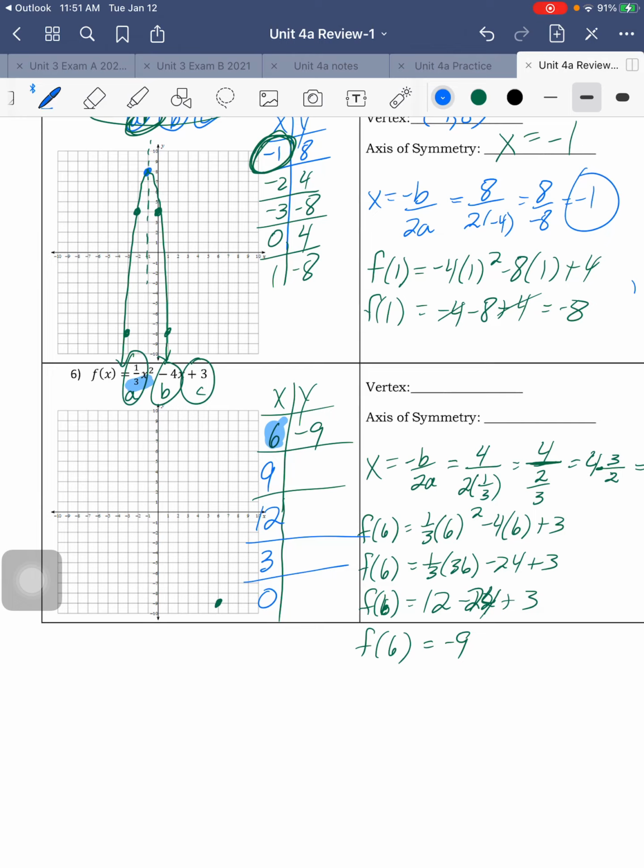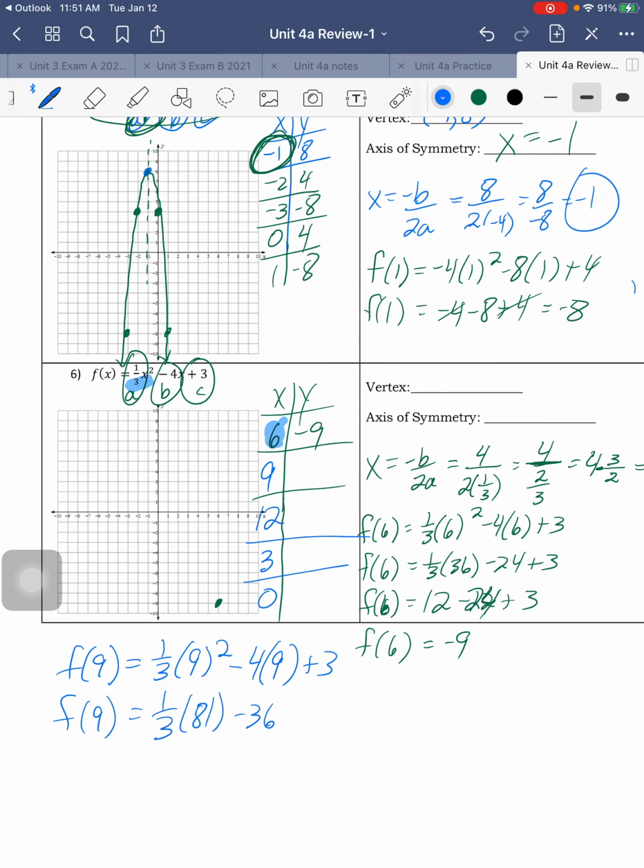Let's do 9 first. 9 squared looks like it's going to be a gigantic number. Let's hope not. When x equals 9, what does the y value equal? 9 squared is 81, 1/3 of 81 is 27, minus 36 plus 3.